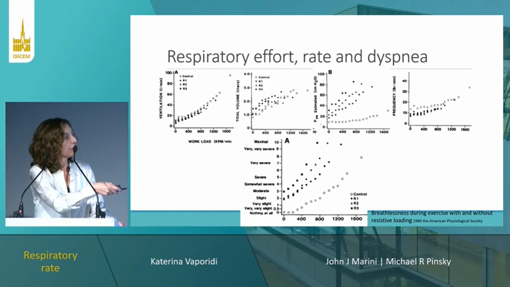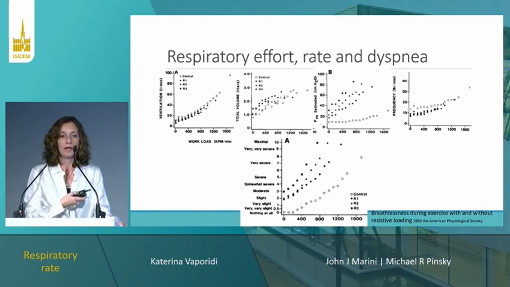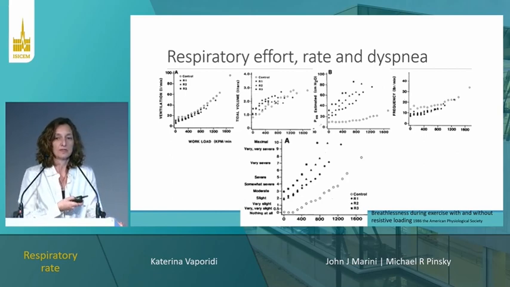Notice the small change in respiratory rate, and focus here on dyspnea. This is without resistance, this is with resistance. So notice that at very low work rates, so very low respiratory rates, resistance caused the patient to suffer from severe dyspnea. So again, respiratory rate doesn't tell us anything about whether the patient is experiencing dyspnea or not.